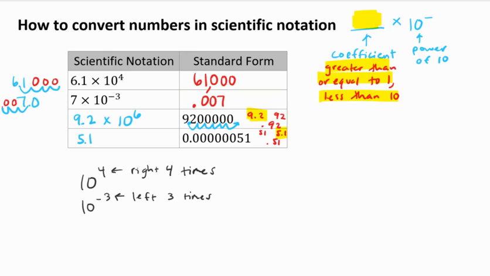And then I put my decimal right here for 5.1, and then it moved 1, 2, 3, 4, 5, 6, 7. And remember, it's negative 7 because we moved it to the left, just like we did over here. So remember, if it's a positive exponent, it's going to be a really big number. And if it's a negative exponent, then it'll be a really small number like this one.